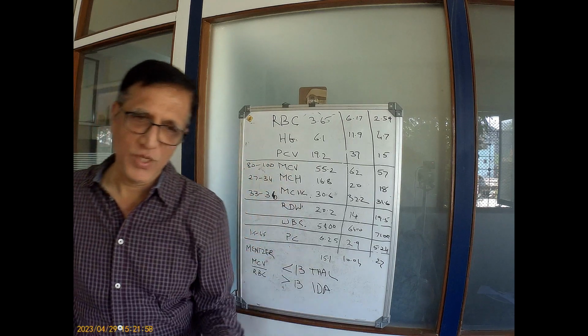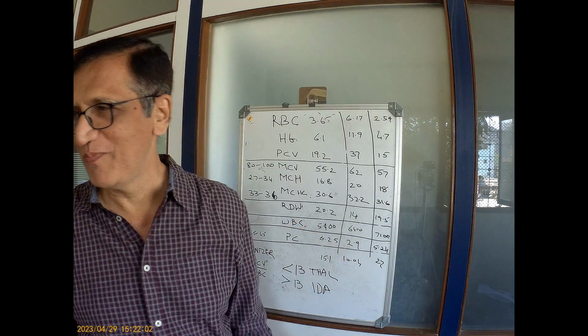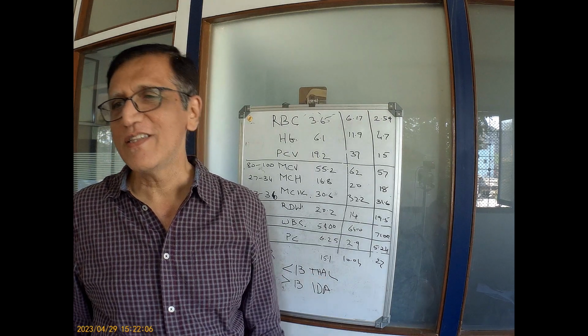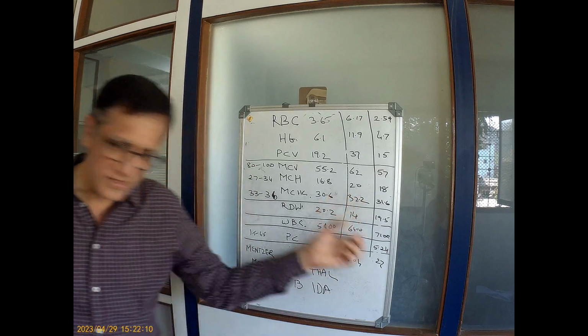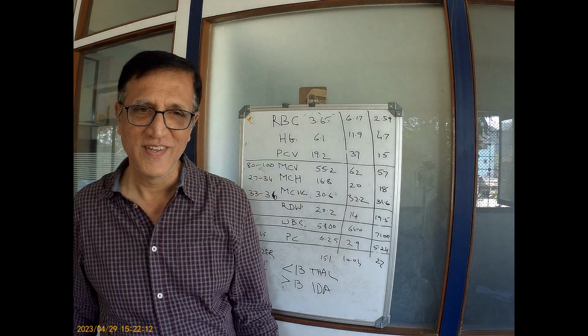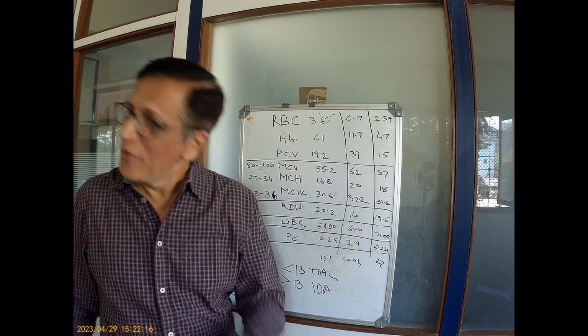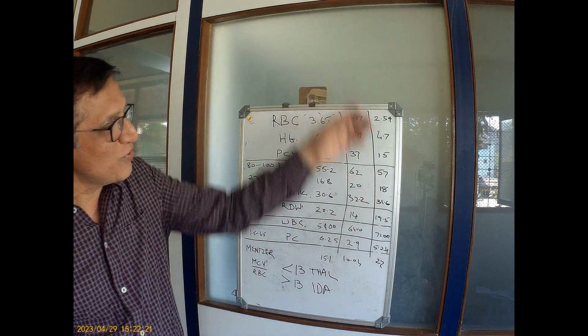Alright. See, we all call ourselves GPs, you know. But what I say is that GP stands for great physicians. This is where our greatness has to shine out. We also call ourselves FP, family physicians. No, we are first class physicians. This is where we have to shine out.